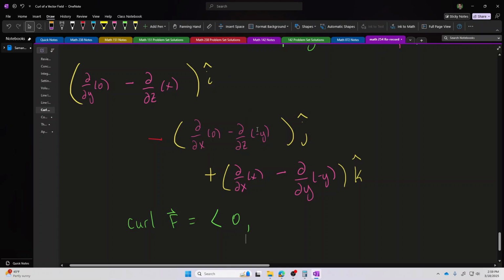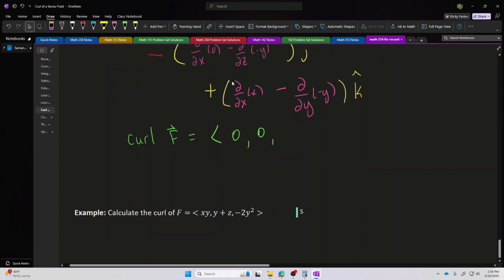The partial of negative y with respect to z is nothing. So I'm getting nothing here, and I have 0 in the y component as well. And then finally, we have the partial of x with respect to x. That's 1. Subtracting the partial of negative y with respect to y. That's negative 1. So our z component of the curl is positive 2.